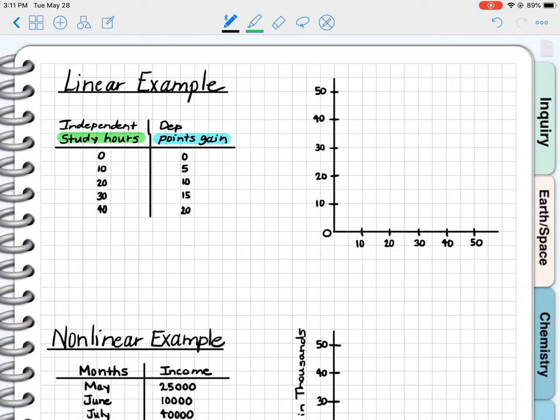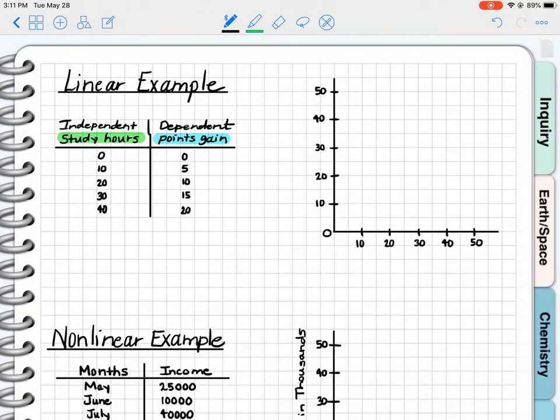That depends on how often I study. This is a direct relationship. You've got both of them increasing. But the question is, is it linear? Is it a constant rate of change, or is it bouncing around all over the place? And that's where the graph is going to help us to visualize this very clearly.